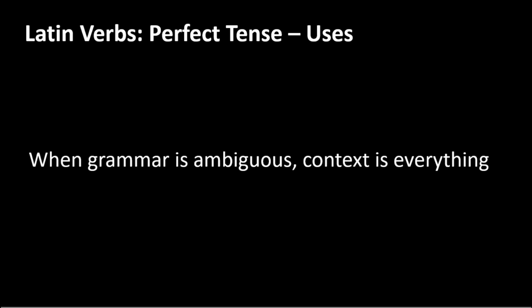What I would say then in closing is that when you encounter a perfect tense in Latin, stop and interrogate it. Ask yourself, based on the surrounding context, whether the writer is intending this to be an aorist use, he did something, or a true perfect use, he has done something.